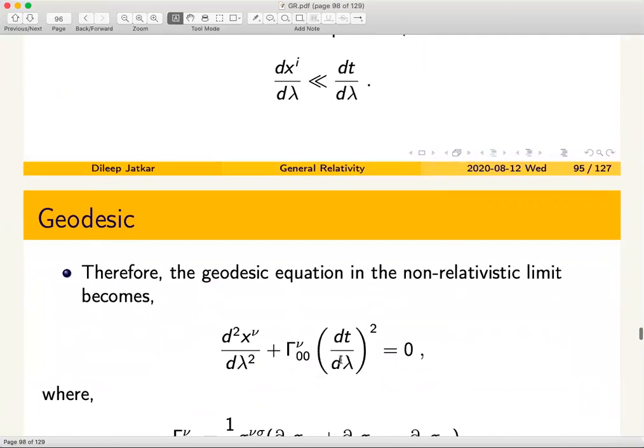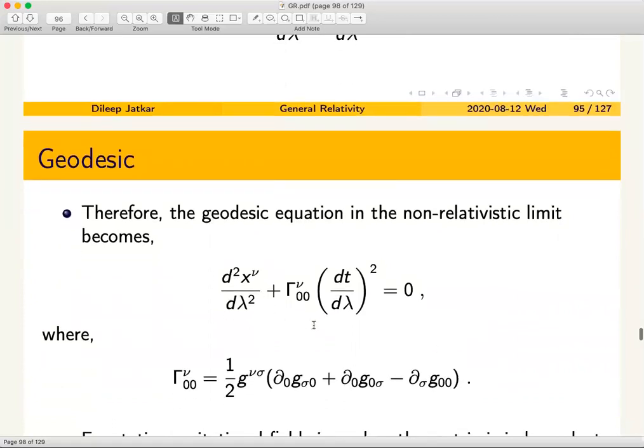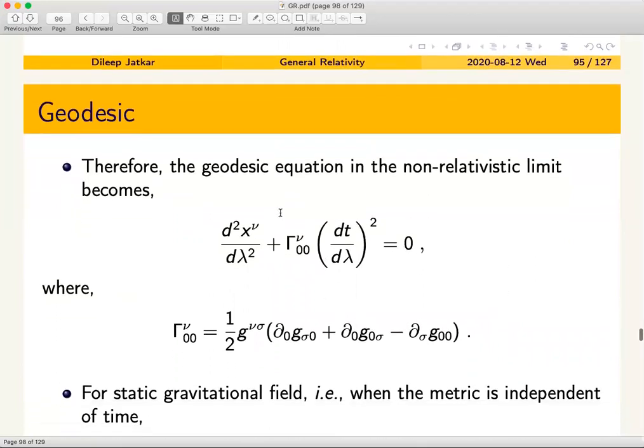What you get is an equation which is the second derivative of the coordinate plus gamma nu 0 0 times dt by d lambda squared equals 0. Now we had defined gamma earlier in terms of the metric.